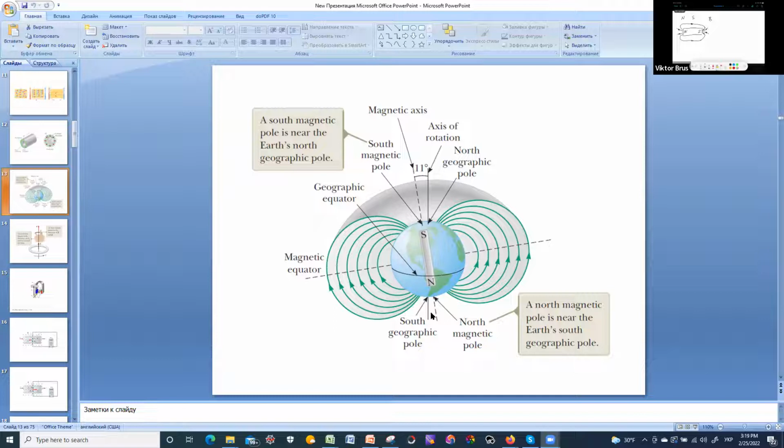This convection is a motion of a lot of melted material, magma, inside the planet, and motion of charges is actually the origin of the magnetic field.